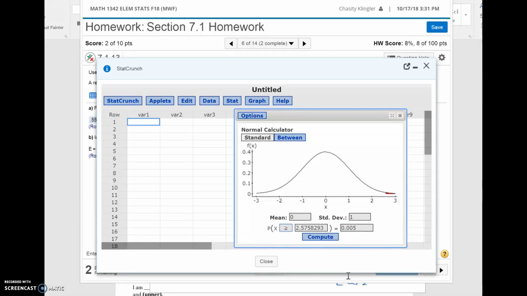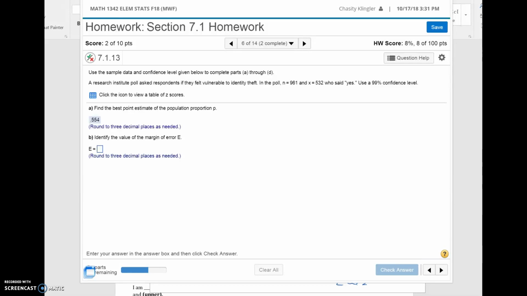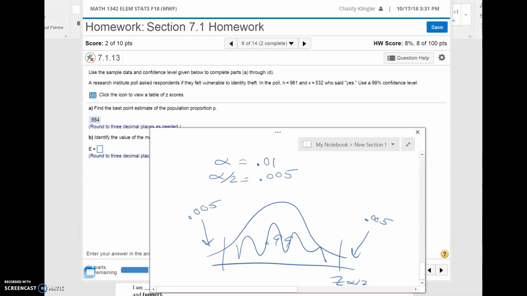So our z alpha is going to be 2.58. Okay, so using that, our z alpha divided by 2 is 2.58.